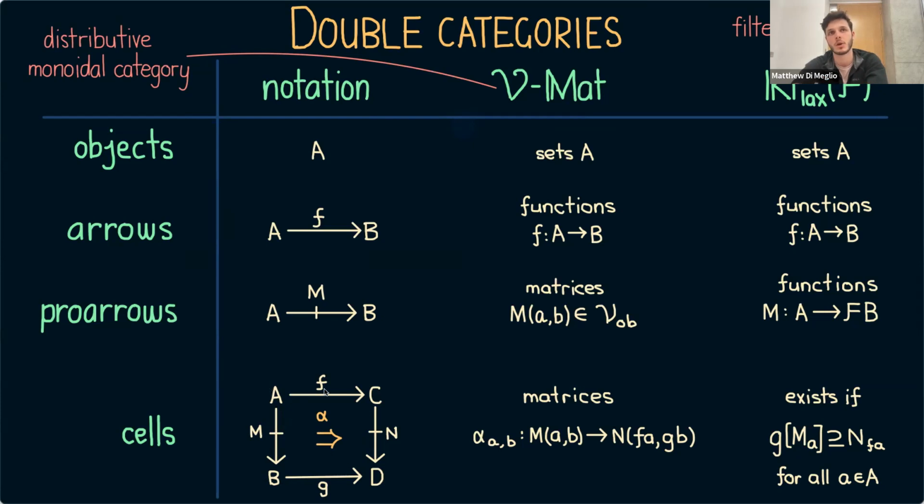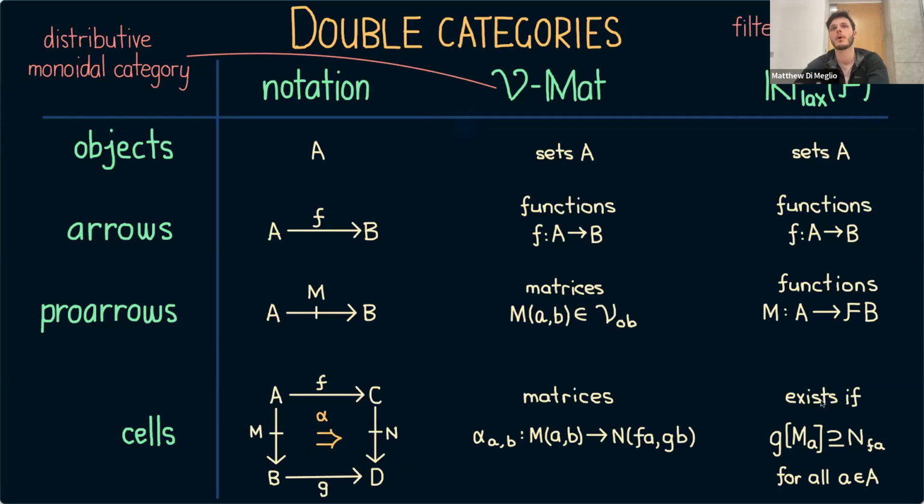So that's one morphism. Going around the other way, I get another morphism from A to F of D, and I can sort of look at them pointwise. And so for each point in A, I get two filters on D, and the cell exists if one of those filters contains the other. So if this G of MA contains N of FA.